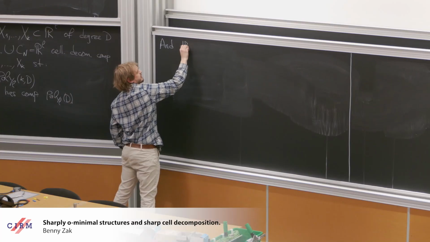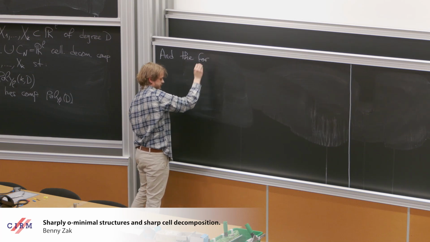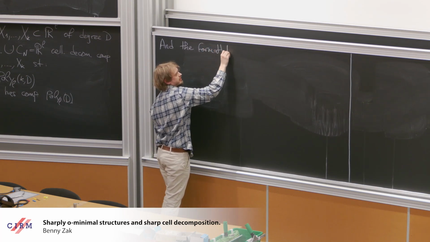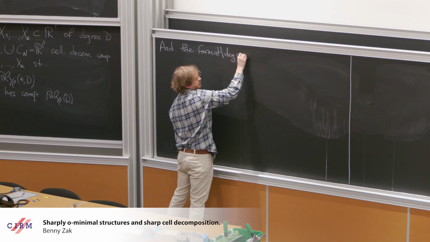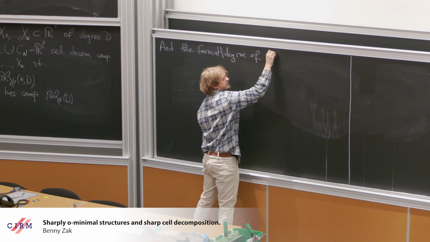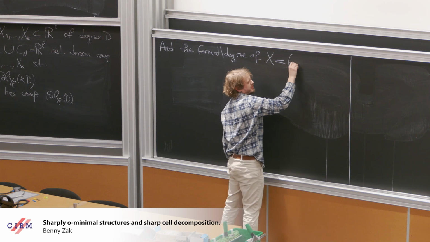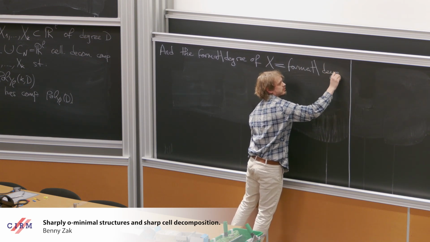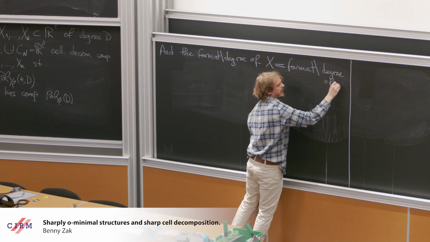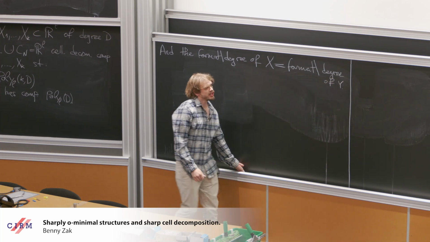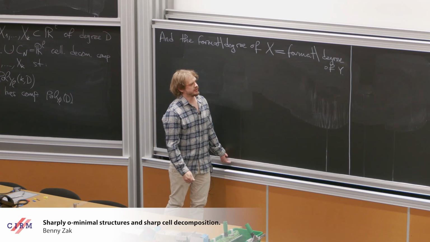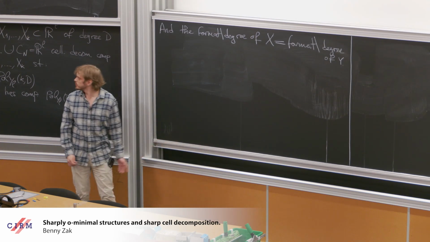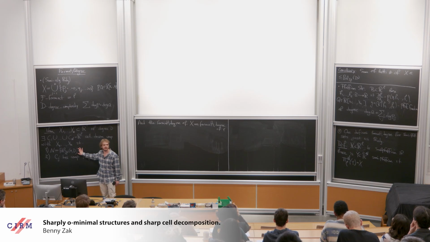The format and degree of X are equal to the format and degree of Y. Okay, so now we have this Pfaffian structure, this o-minimal structure. We have format and degree. The next step would be to have some kind of effective cellular decomposition theorem.